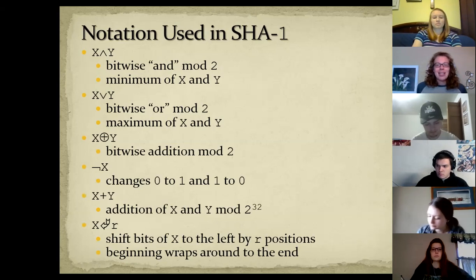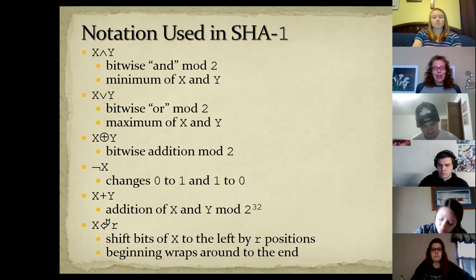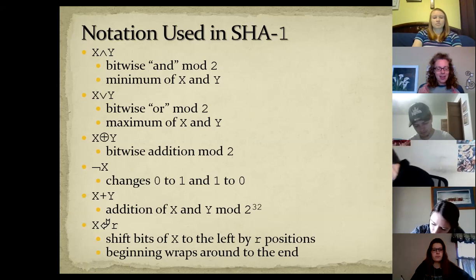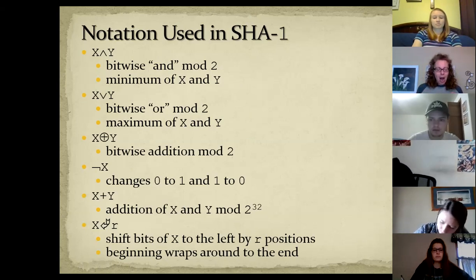When I first put these slides together, it took me forever to come up with the symbol that would work for the rotation. We've got this fun arrow right here that I finally came up with. So this rotates the bits of X to the left by R positions, and the beginning wraps around to the end.